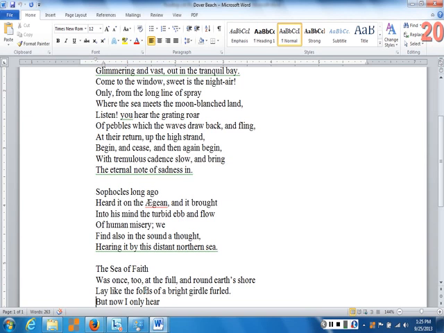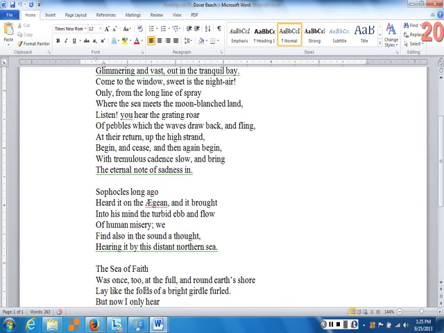We go from the landscape to sadness, to Sophocles and human misery, to the thought of faith. So the subject now is faith. Our first point about faith is simply that once it was everywhere, right? Everybody believed.